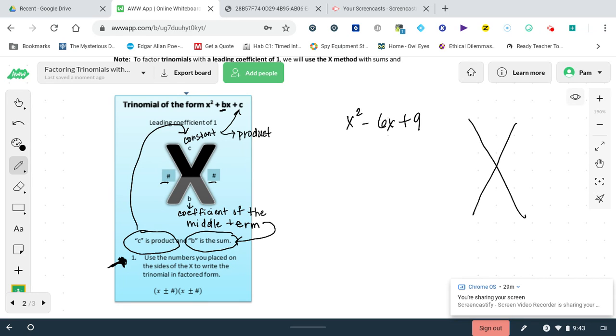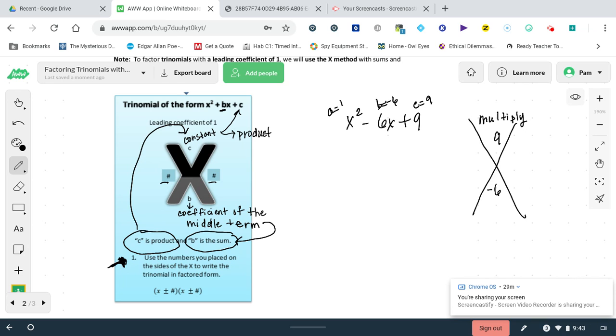So a is 1. The leading coefficient is 1. b here is negative 6, and c, my constant, is 9. c goes in the top of the x. b, my middle term, goes in the bottom of the x. So what I want to do is figure out what multiplies to give me positive 9.